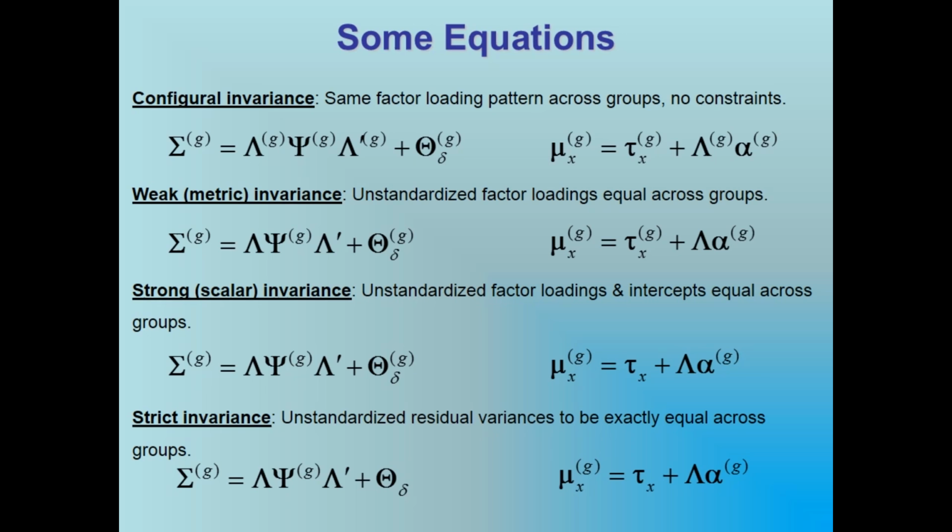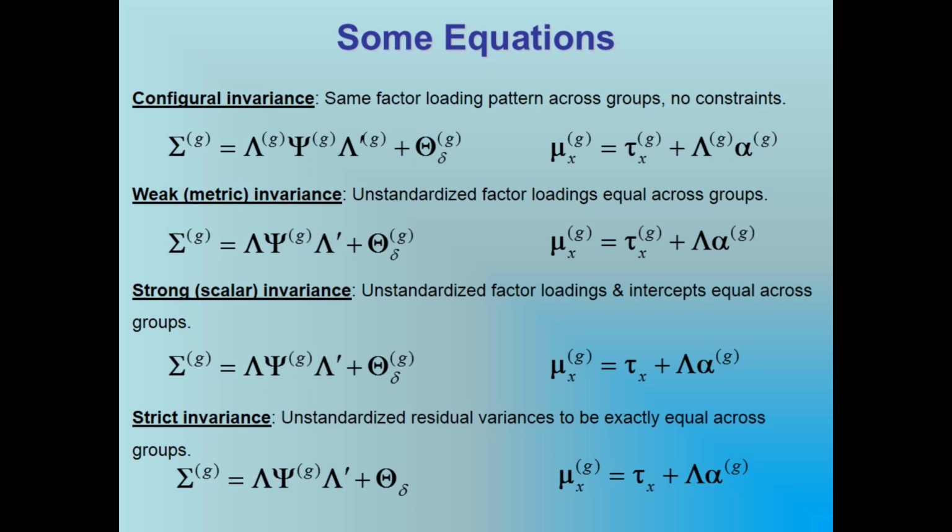As you can see here, the weak invariance model constrains your factor loadings to be equal across the groups, but that's it. You still have a different covariance matrix, taus, mu's, sigmas, everything else is going to differ across the groups. The only thing constrained to be equal across the groups is your actual factor loadings, your lambdas.